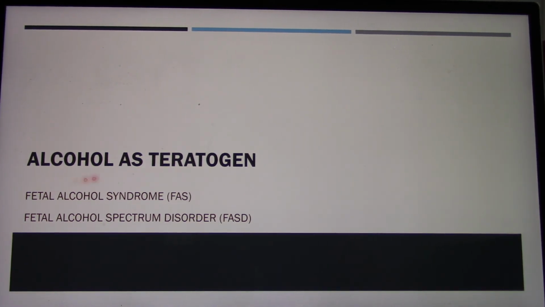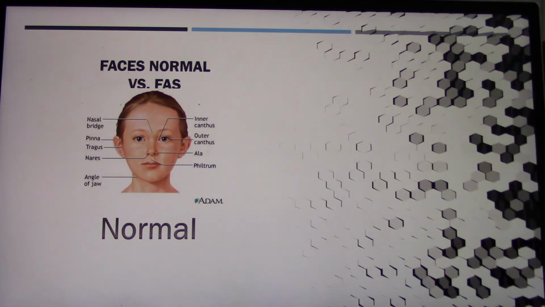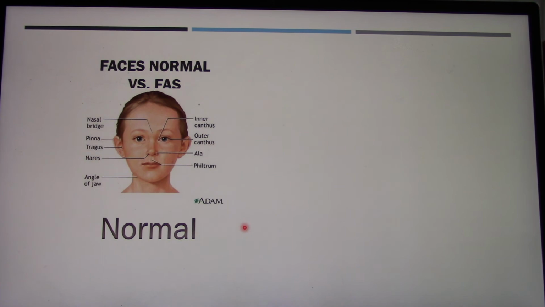Alcohol as a teratogen. Y'all knew this, but here it is. Fetal alcohol syndrome, FAS. And there's also fetal alcohol spectrum disorder, or FASD. So normally you've got this sort of development, and yes, I'm sorry it's Caucasian, but this is what they had on A.D.A.M., the website where you get these pictures.